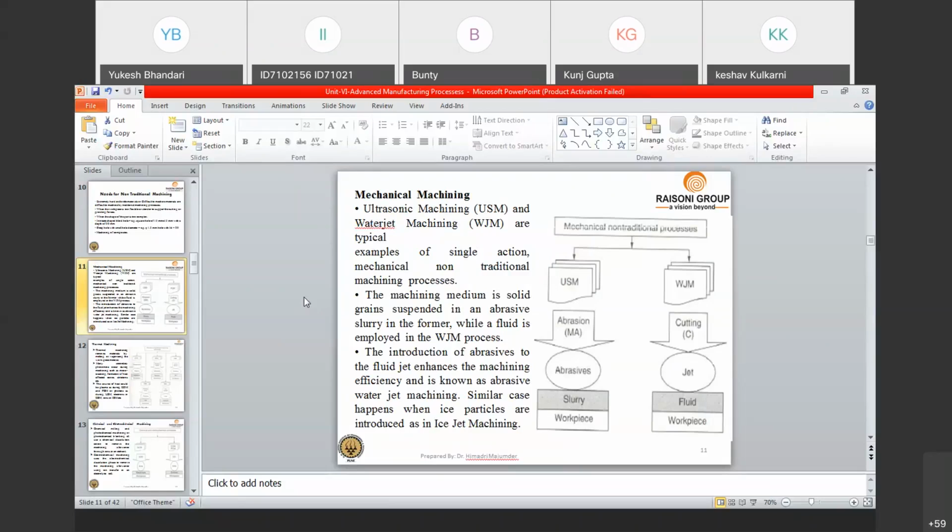Some examples of that are ultrasonic machining and water jet machining. Okay, so these are good examples of single action mechanical non-traditional machining processes. So here mainly a mechanical energy source is used for USM as well as for WJM, water jet machining.